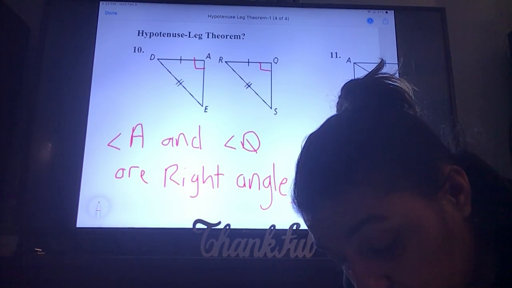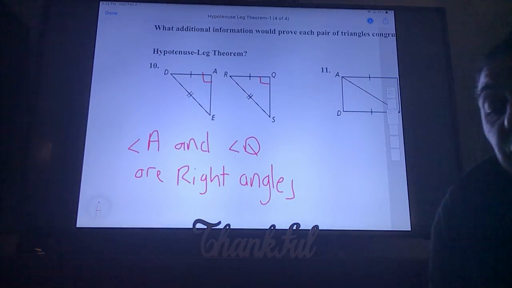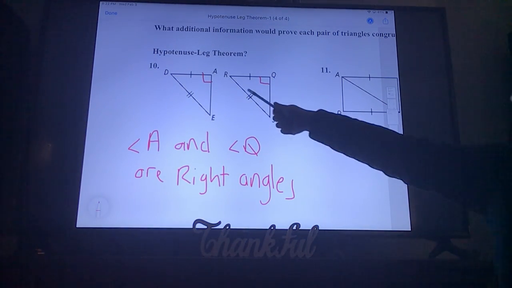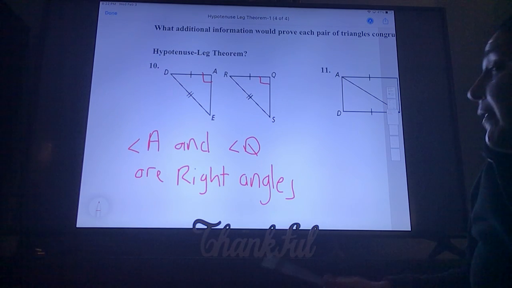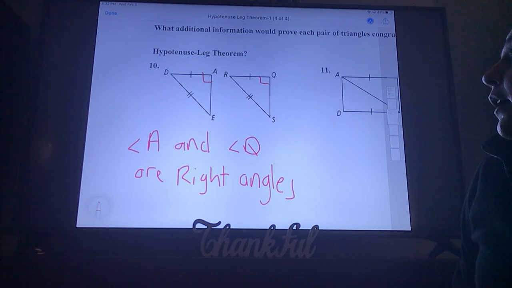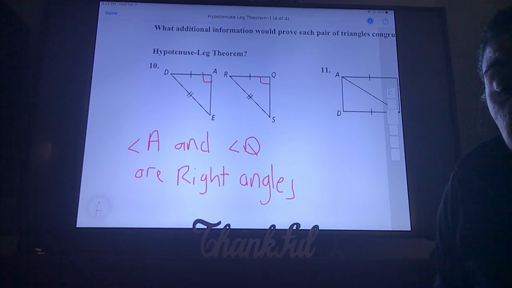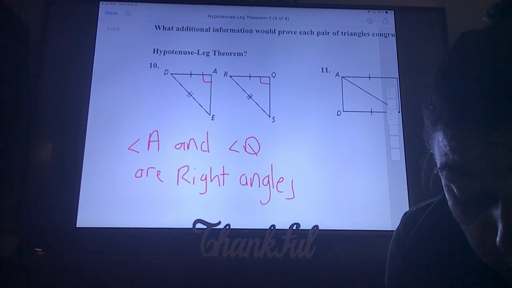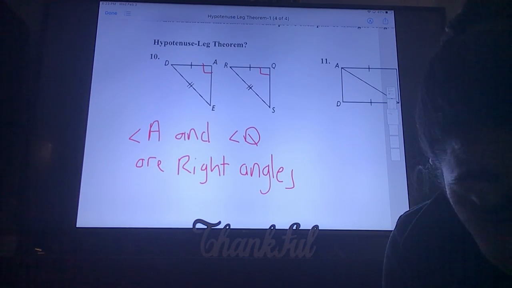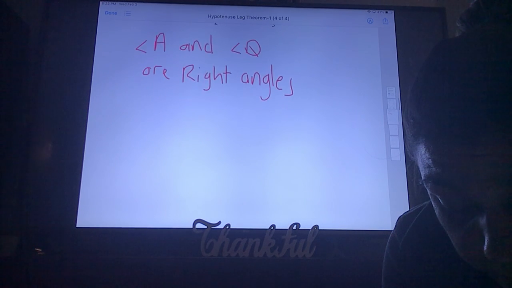Okay, and that's what would need to be true. In order for our HL theorem to work, angle A and angle Q would have to be right angles. We have everything else that we need, but we don't have those 2 things.